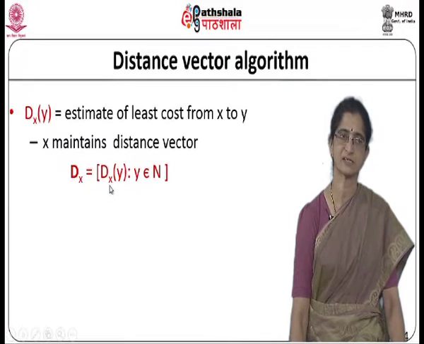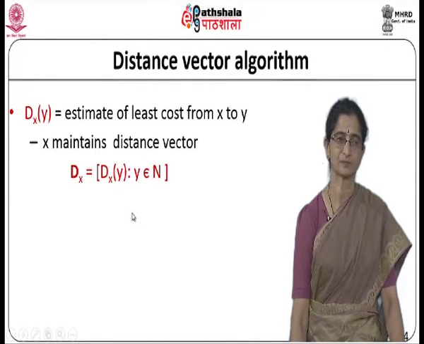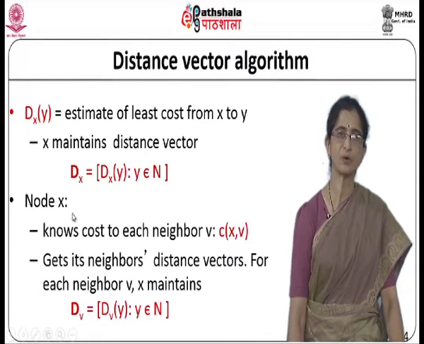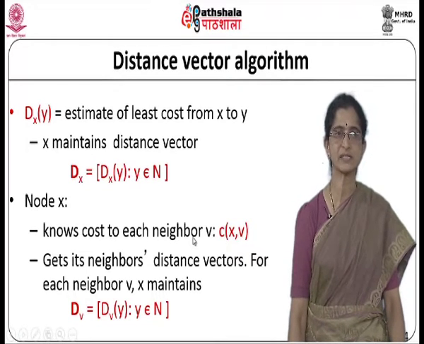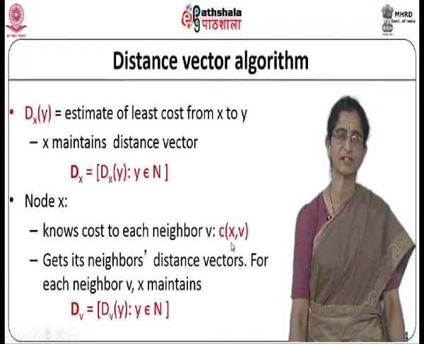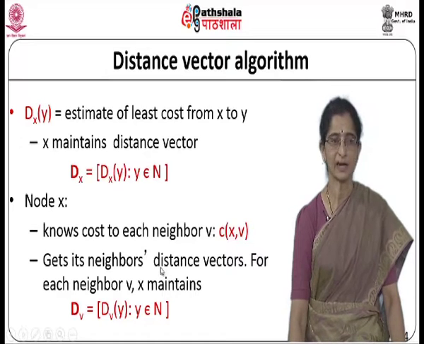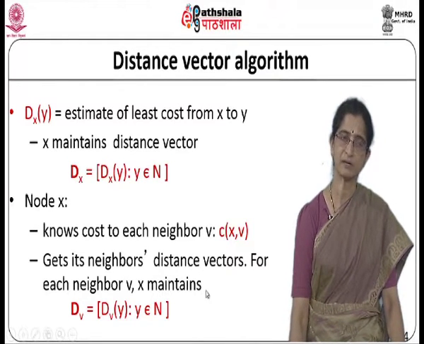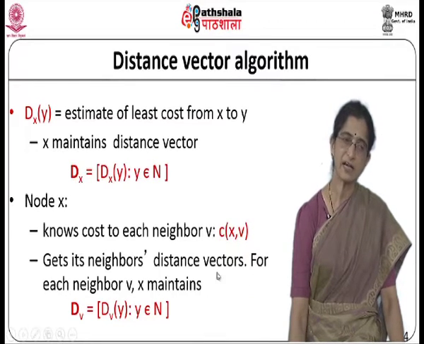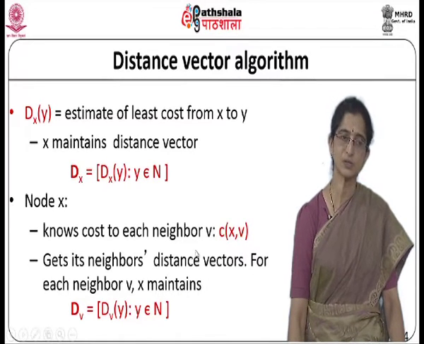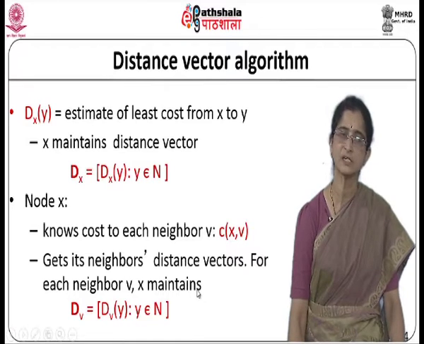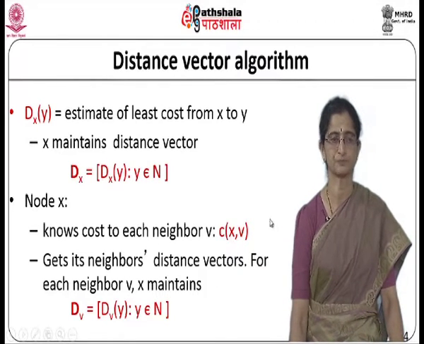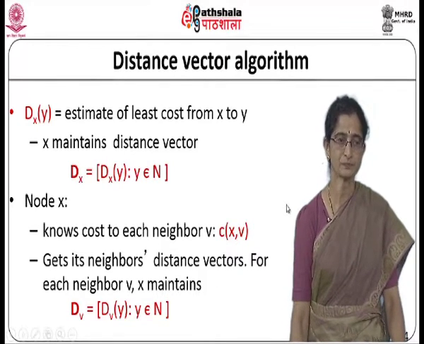So, we maintain this as a vector. Every node x knows the cost to each of its neighbors, so c of x comma v is known to it. It also gets its neighbors' distance vectors by exchanging information, and it maintains that information as well, and uses both this information to come up with the least cost path that we just talked about. So, this is how it will work.